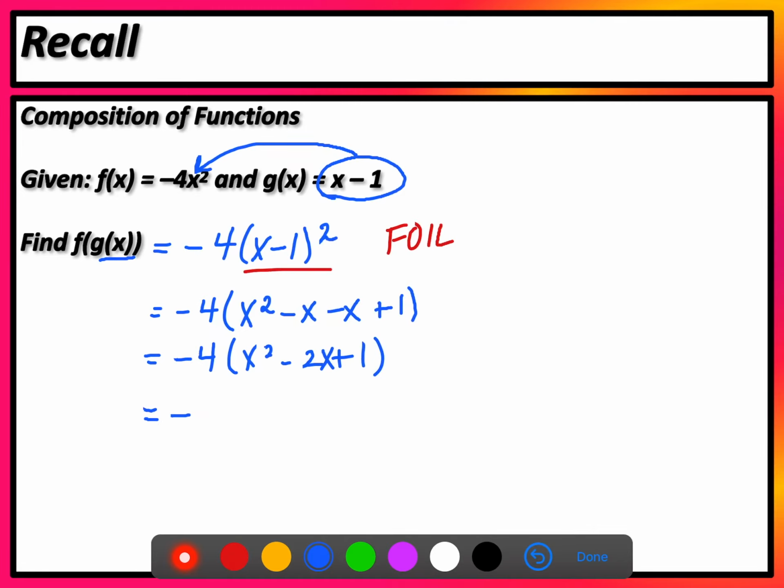Okay, and then we will distribute. Okay, and that is our resulting function there for composition.